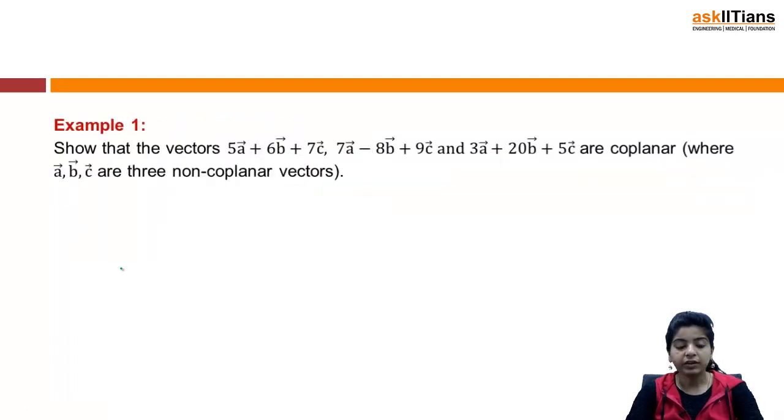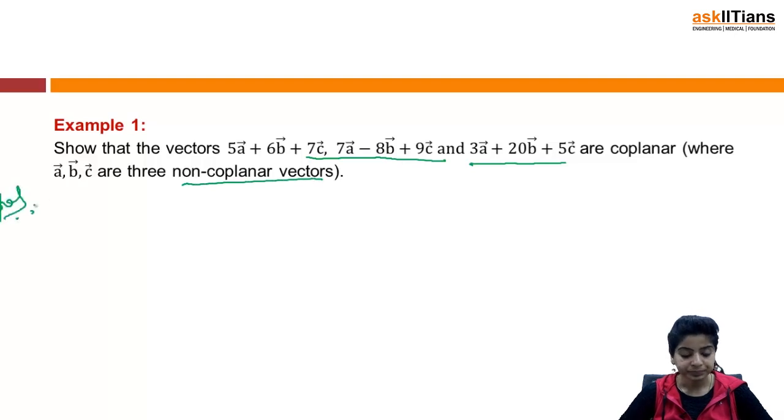The first question that we have is, show that the vectors 5a plus 6b plus 7c, 7a minus 8b plus 9c and 3a plus 20b plus 5c are coplanar, where a, b, c are 3 non-coplanar vectors. First of all, I'll assume my A to be 5a plus 6b plus 7c. This is given.